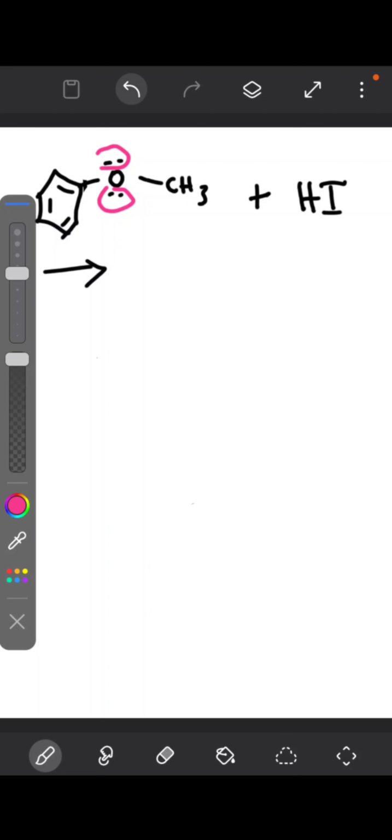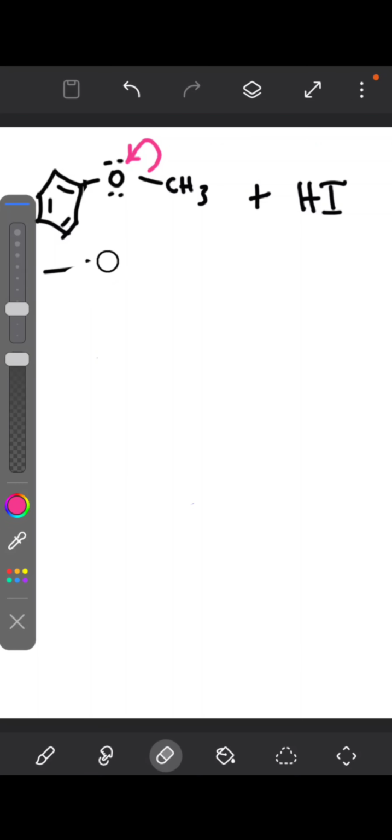Oxygen is more electronegative than carbon, so it's going to withdraw the bonding electrons of carbon. So we're basically going to have a heterolytic bond breakage, that's total withdrawal.